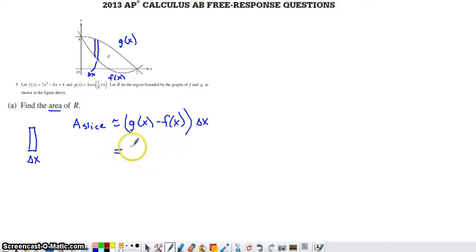Let's see, 4 cosine of 1/4 pi x is g of x, and then minus f of x. Well, I could subtract this quantity right here that represents f of x, but what I'm going to do is distribute the negative into everything as I'm writing this down. So minus 2x squared plus 6x, and then minus 4, and then times delta x will get us the area of one slice.